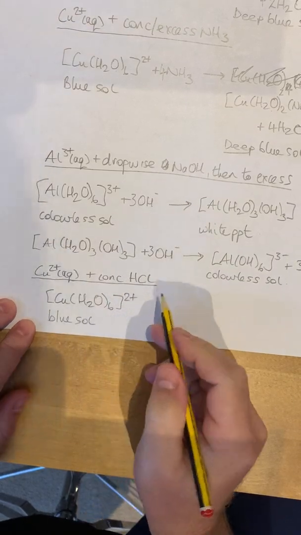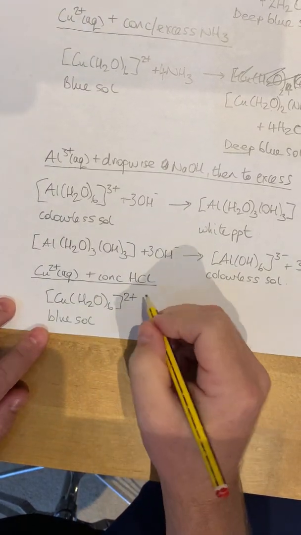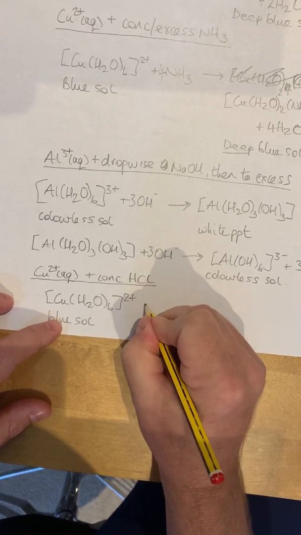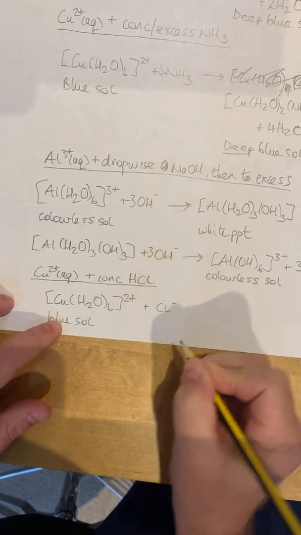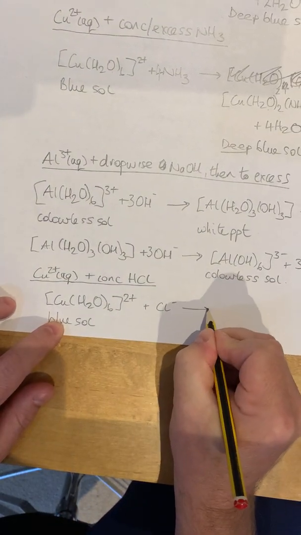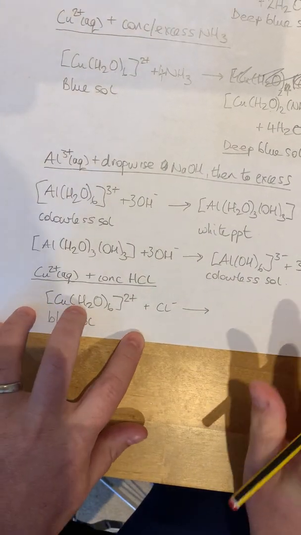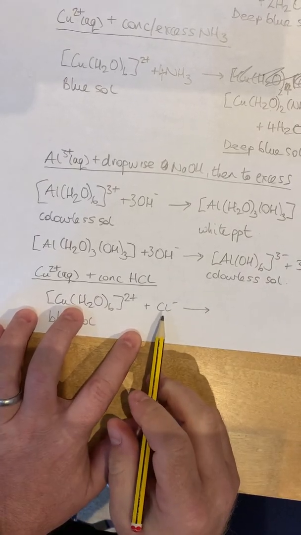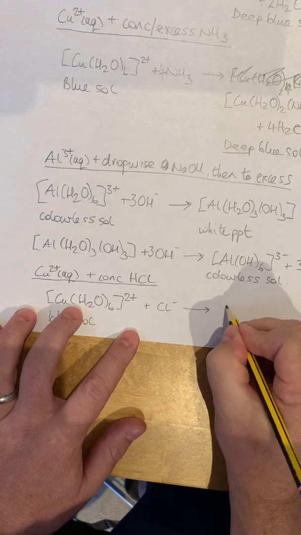With HCl, we don't need to worry about the H in it. So we omit the H+ from the acid and we just show the Cl-. That's the important ligand. Now, from the introduction to transition metals, copper forms a tetrahedral complex with chloride ions.